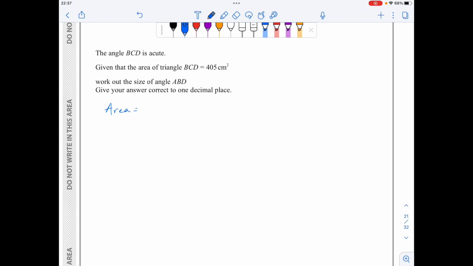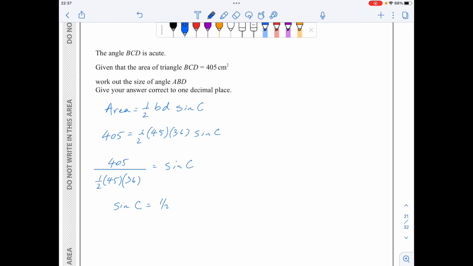Area equals 1 over 2 b d sine C. 405 equals 1 over 2 times 45 times 36 sine of C. So 405 divided by 1 over 2 times 45 times 36 equals sine C. Sine C comes out to be 1 over 2.